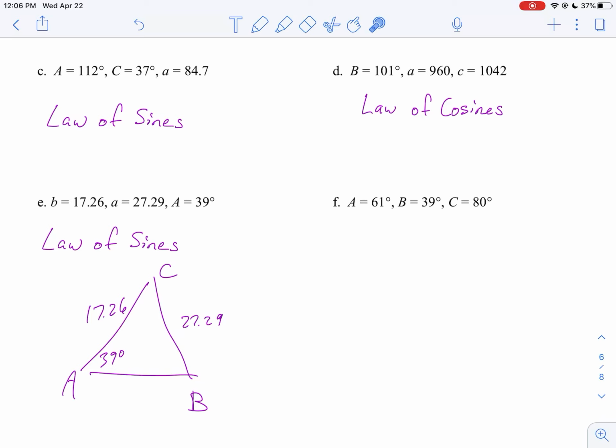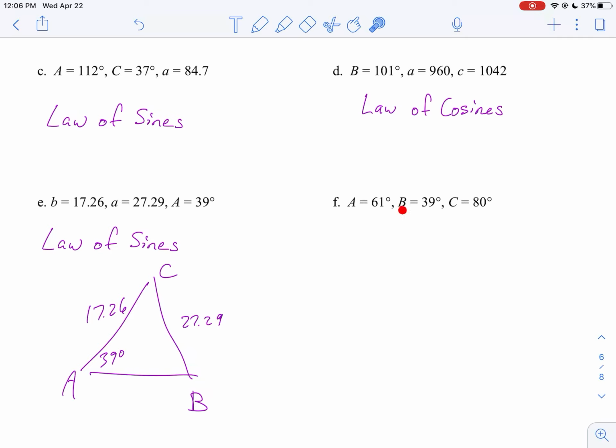Okay, this is a side angle. We have a pair. You might recognize this as the ambiguous case, and I didn't teach it to you very well, or I only introduced the beginning ideas. But you could still solve it most of the time here unless there's no solution.